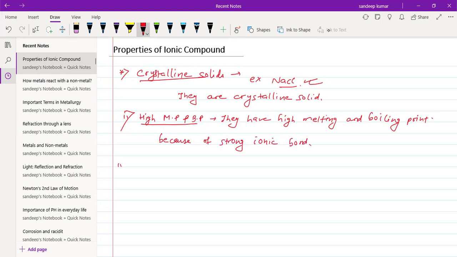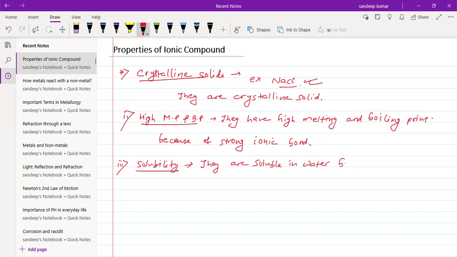Next property is solubility. When we talk about solubility of ionic compounds, they are generally soluble in water, but they are insoluble in organic solvents like benzene, petrol, kerosene.